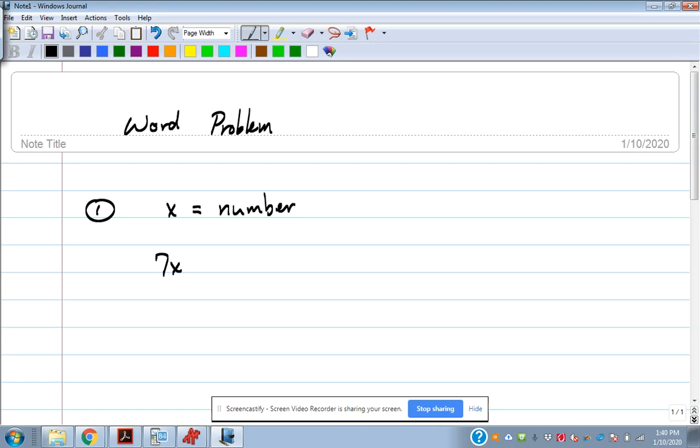And then increased by 3, plus 3. And then they're nice to us and they use the words is equal to, so that means put an equals mark. It's really easy. Twice the number. What's twice the number? 2x, because we're doubling that number.